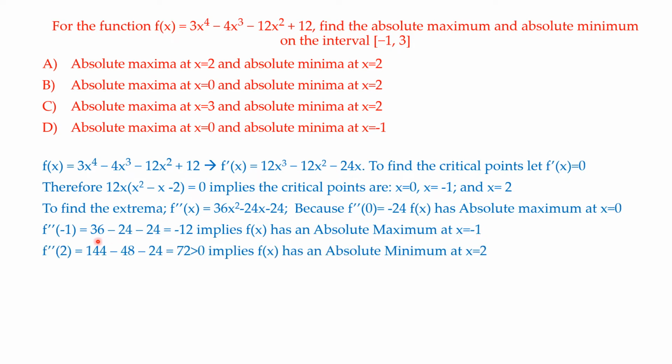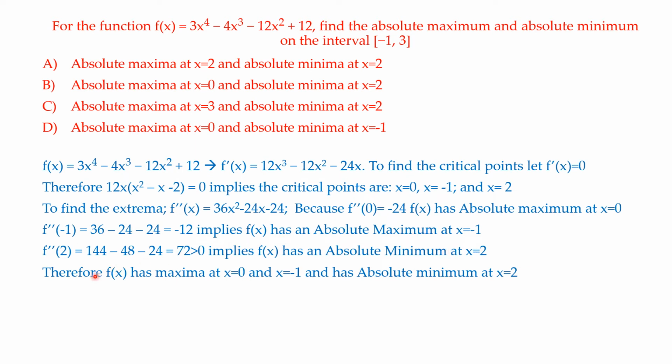If we apply the same for 2, the second derivative value at 2 will lead us to 72, which is greater than 0. It also implies that f of x has an absolute minimum at x equal to 2.